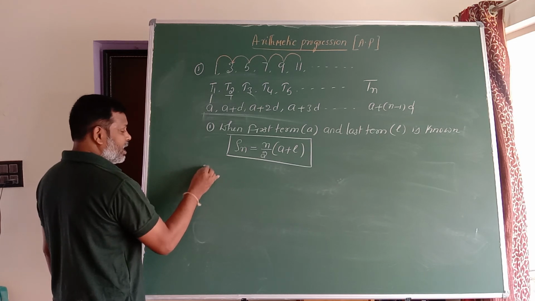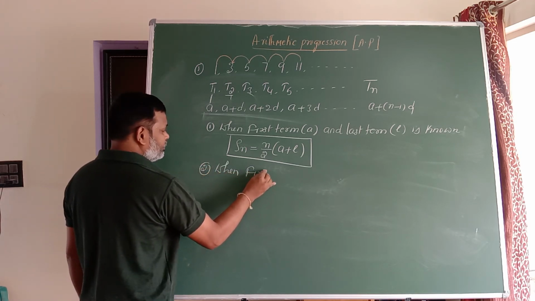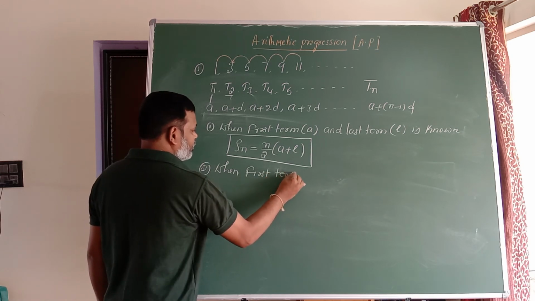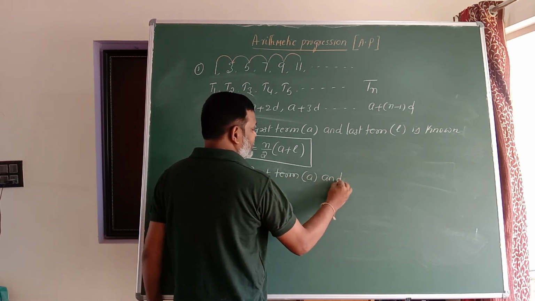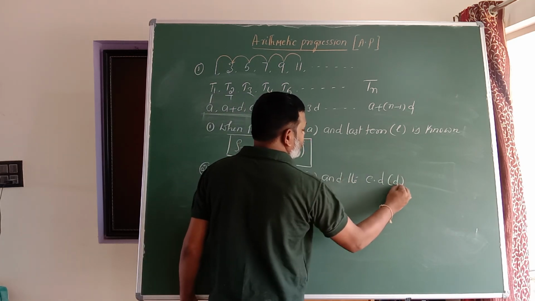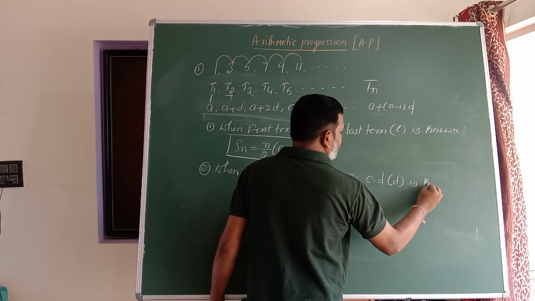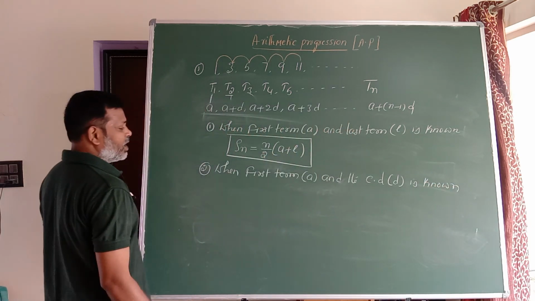The second formula is when the first term, which is A, and the common difference D are known. What is the sum formula?